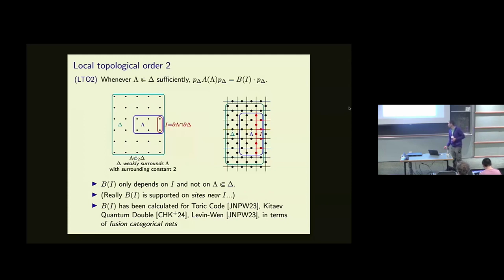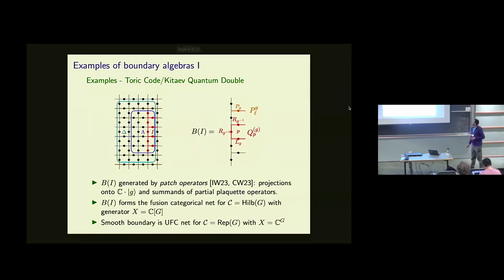For the toric code and the Kitaev quantum double model, you just compute what happens in a very similar way to what we talked about. This B of I is generated by these patch operators that have appeared in some work of Xiao-Gang Wen and collaborators. I look at the projections onto the one-dimensional spaces on those edge sites, onto the span of G, and then summands of partial plaquette operators.